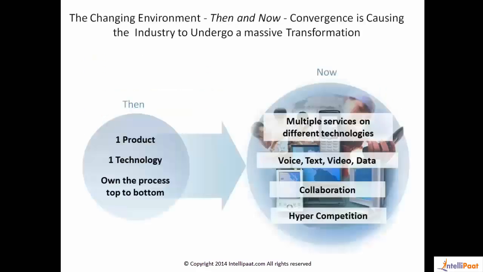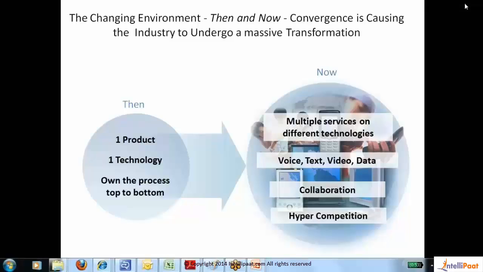So what has happened in the last decade or so is that technology has changed very fast, and because of this there have been a lot of innovations in product, technology, and processes.